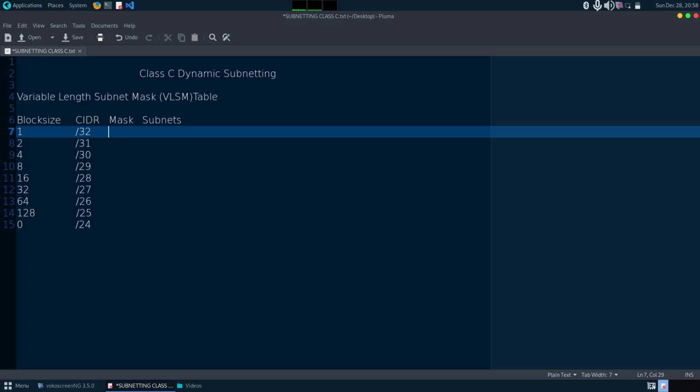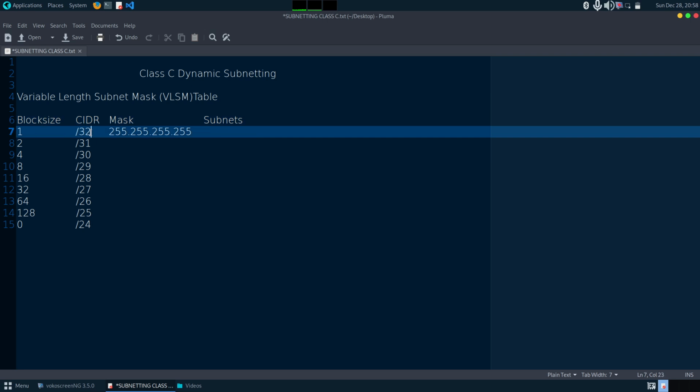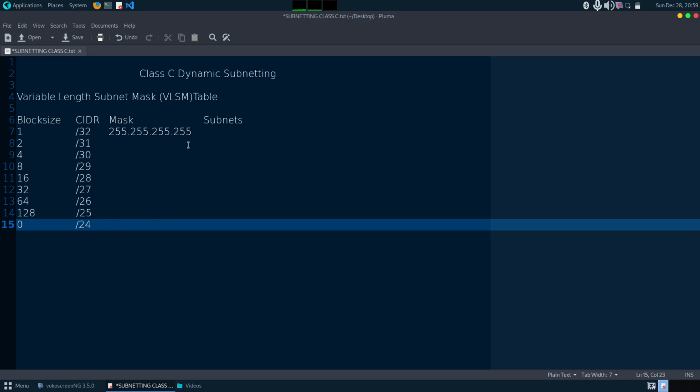So the mask here is 255.255.255.255. The reason we put 255 in all of it is that this one uses the whole IP address of a class C, the block size of 1.